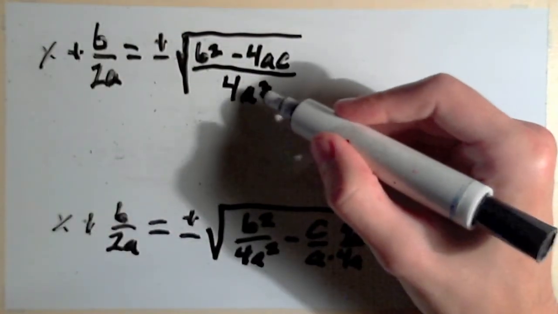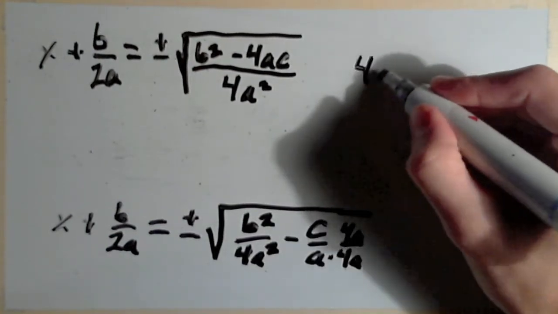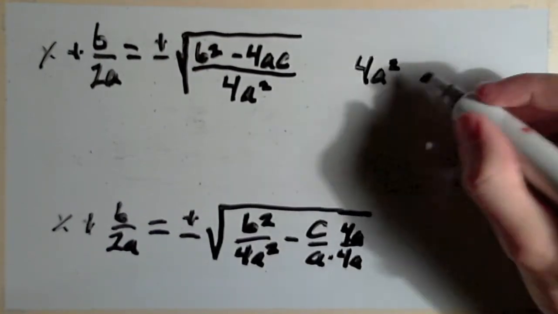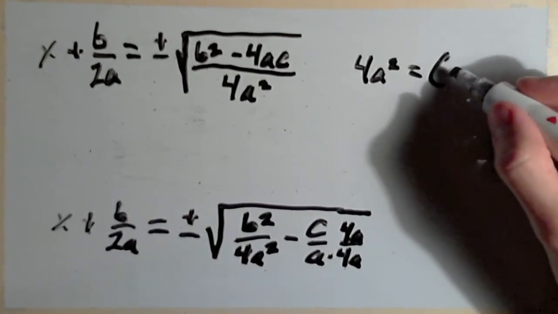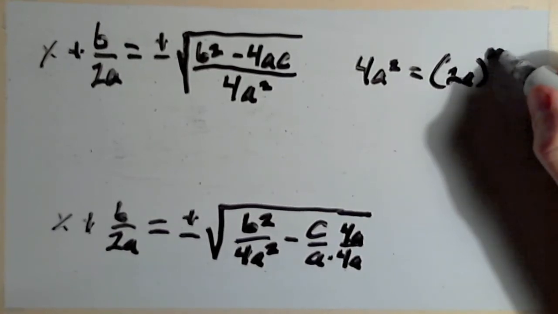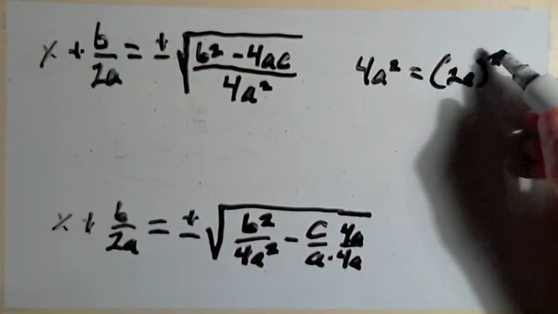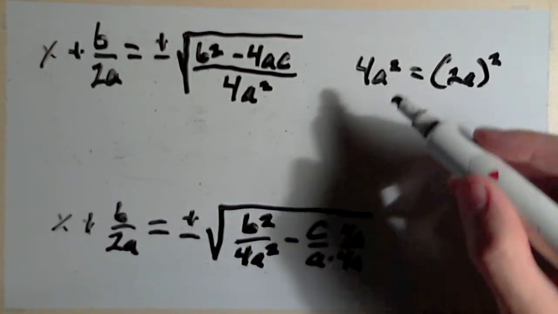It's important to note that this 4a squared is the same as 2a squared. You get a 2 squared would be 4, and an a squared would be a squared.